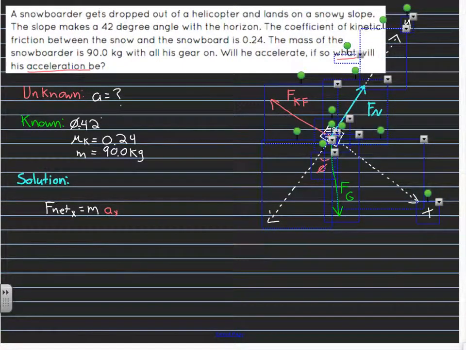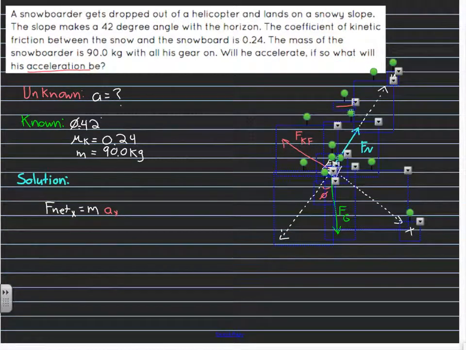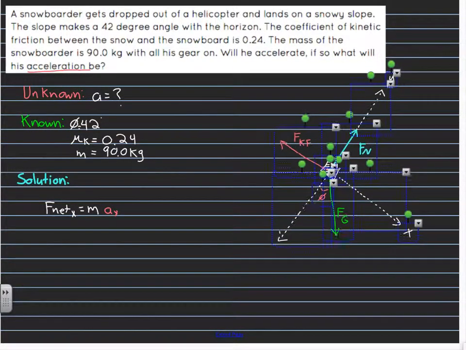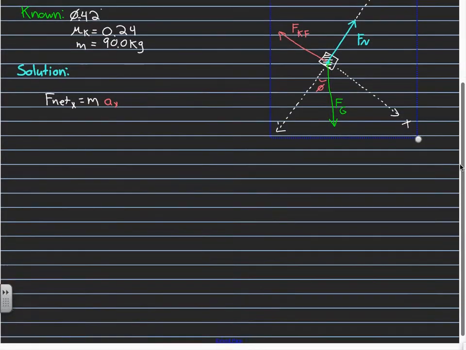All we need to do is find that unknown a. That's our answer. All right, so let's bring this down and try to solve for that unknown a. We know the mass. All we got to do is find the net force. There we go. We're in business.